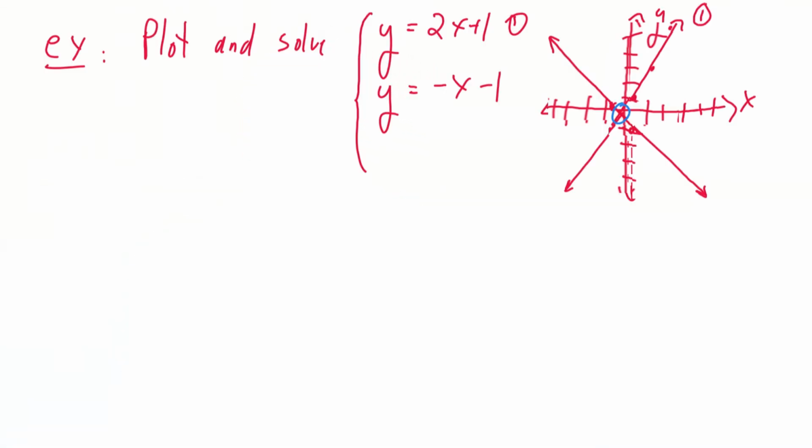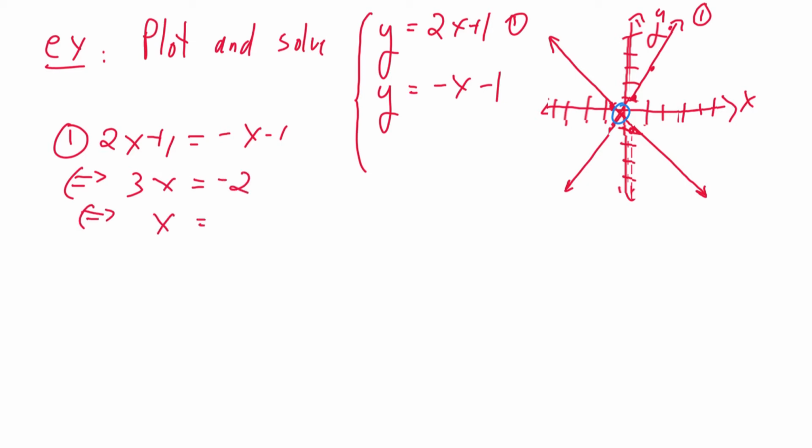So what I do is I'll set the two lines equal to each other, solve for the x value, and then plug back in for the y value. So let's do that. So I'll say 2x plus 1 equals minus x minus 1. This tells me that 3x is equal to minus 2. So x is equal to negative 2/3. So that tells me in my little picture what the value on the x-axis is.